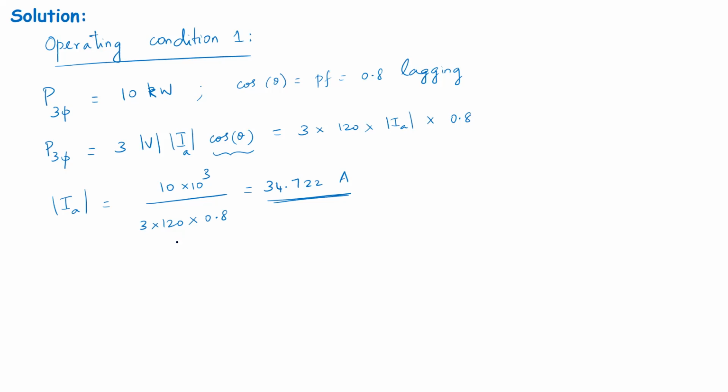And please remember, we need to solve for the vector current or the current phasor. So current phasor IA will be IA magnitude at an angle of negative theta because of lagging power factor.